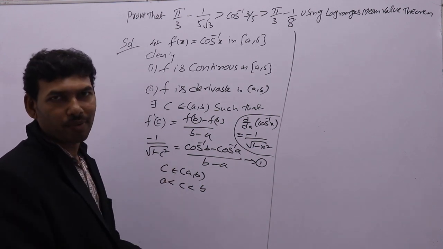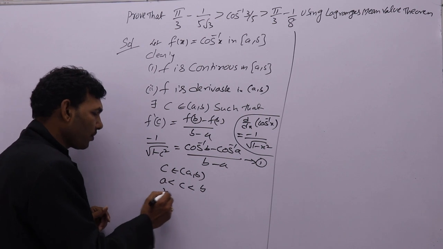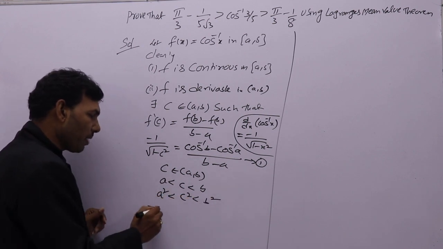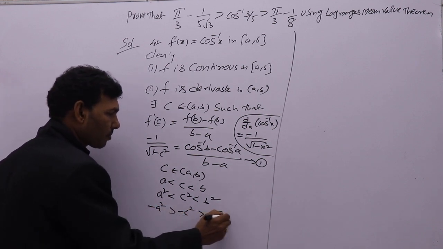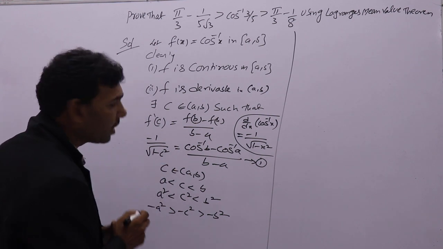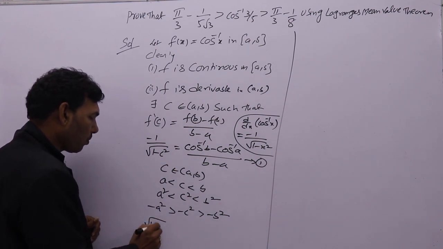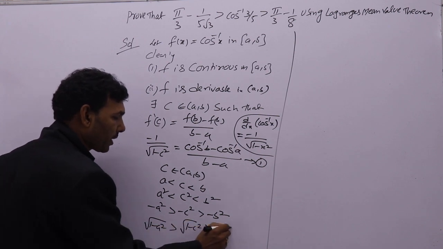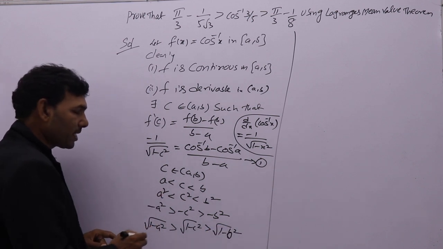As earlier for the previous problem, I did it like that only. So square first. If you square, the inequality sign does not change, but if you multiply with a minus sign, the inequality sign changes. Now take square root and reciprocal. Root of 1 minus a square greater than root of 1 minus c square greater than root of 1 minus b square. Now take reciprocal.